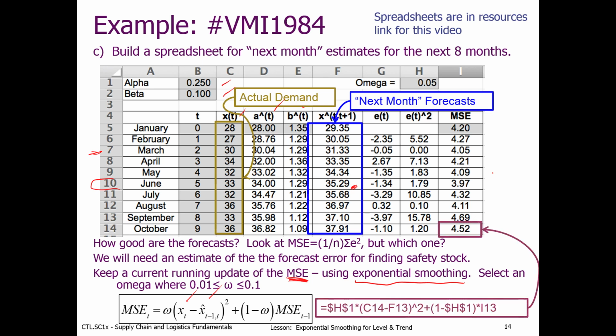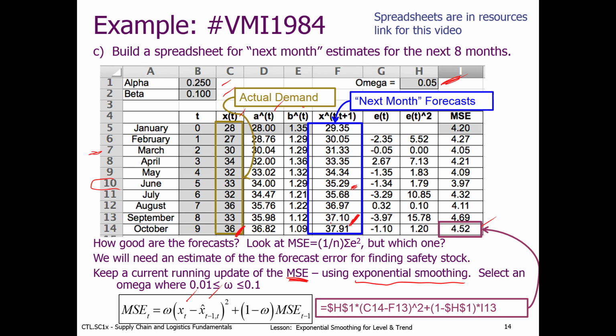So let me show you what this looks like for the October estimates for the mean square error. What this is saying here is this 4.52 is simply the linear combination where cell H1 is my omega value, and I picked a 0.05, and that's going to be multiplied by the value in C14, which is my most recent demand observation, minus what's in F13, which is right here, my most recent forecast of that.